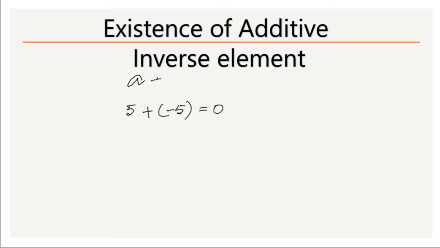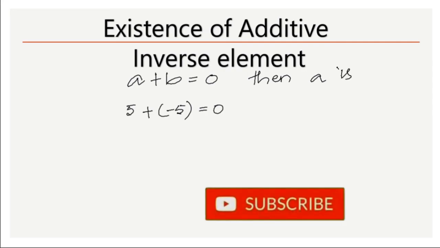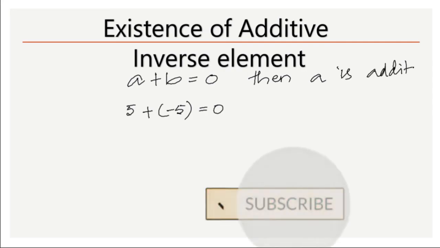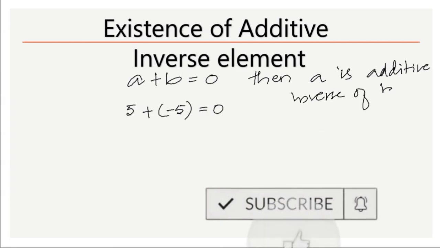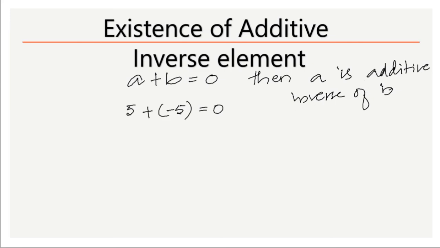If A is added to B and if you are getting 0, then A is additive inverse of B, or B is additive inverse of A. Given a number, say 10, by adding some number, I should get the sum as 0.